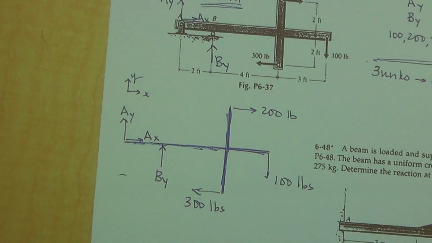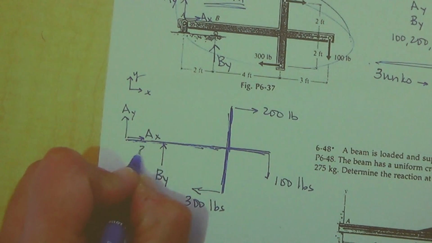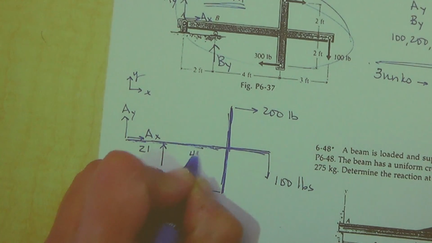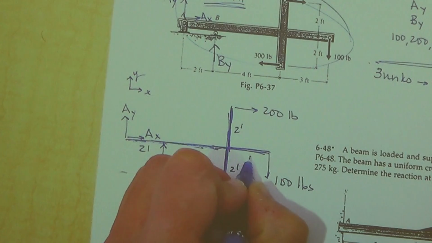What's missing? All the distances. This is really important. A lot of times people leave off distances. If I don't have distances, what can I not calculate? Moments. In order to calculate moments, I have to have distances. And remember, this whole drawing that's given is scrap. You have to draw it. This is the free body diagram we're working off of. 2 feet, 4 feet, 2 feet, 2 feet, 3 feet.